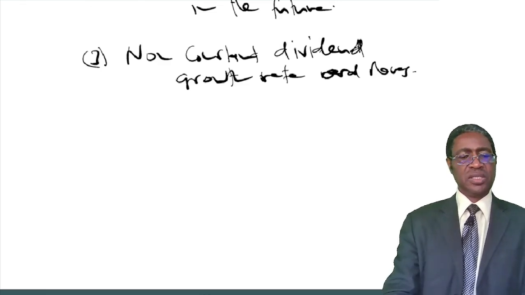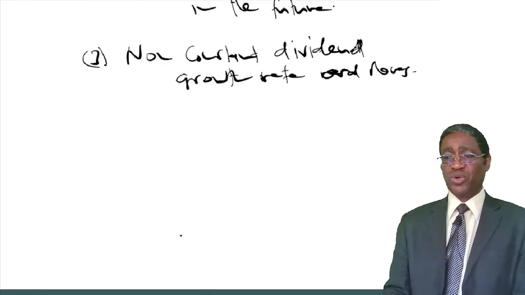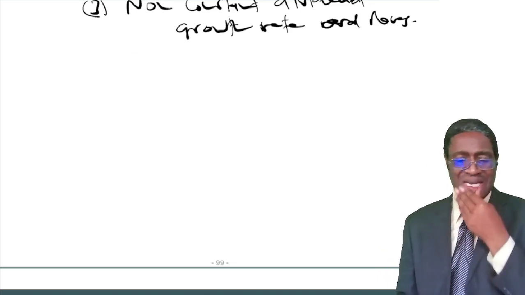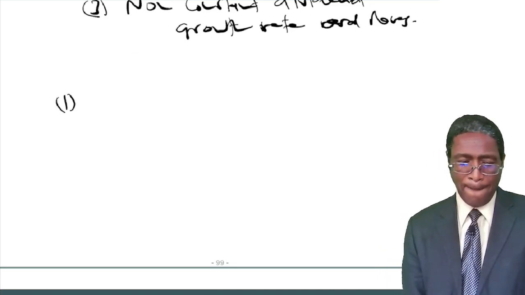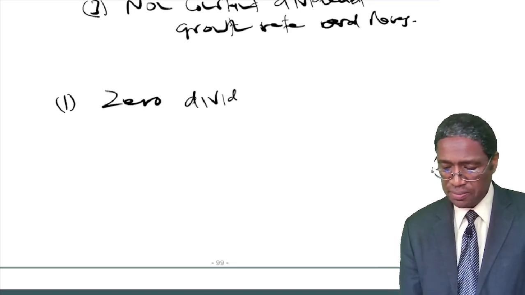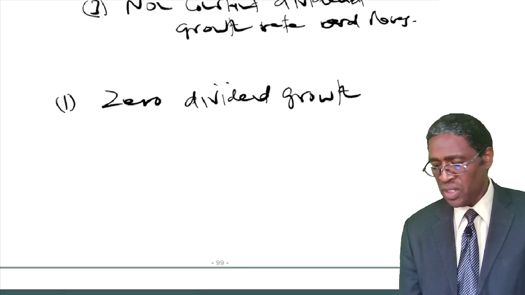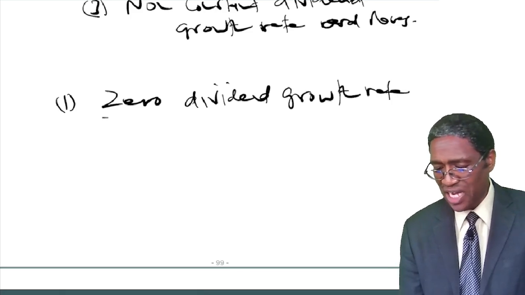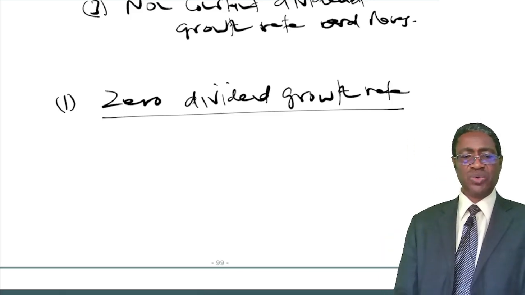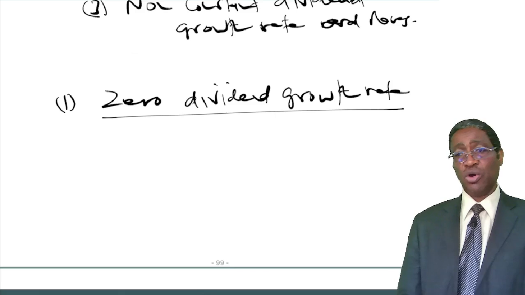Let's now go back to each of those to discuss how to use them to compute the cost. Let's start with number 1, zero dividend growth rate. How do we use it to compute the value of the shares?